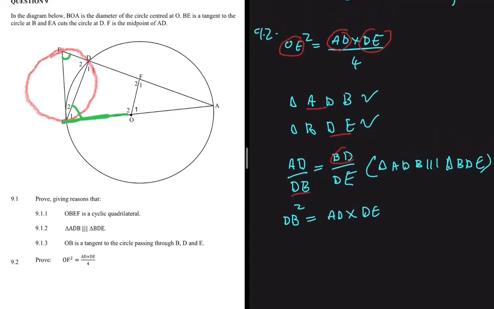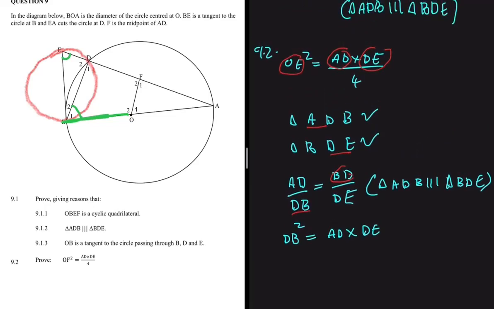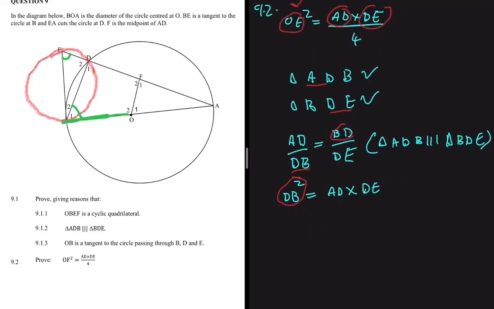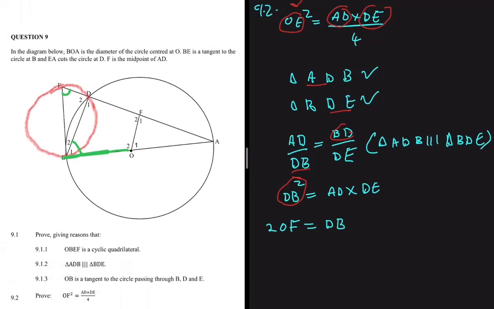And then we're not done, right? Here we have DB squared, but in what we are required to prove, we have OF squared. So let's try and find how DB squared and OF squared are related. It's not really easy to see here, but 2OF is equal to DB. Let me tell you why. Don't forget that we have already deduced that F1 is 90, and also D1 is 90, because it's subtended by the diameter.